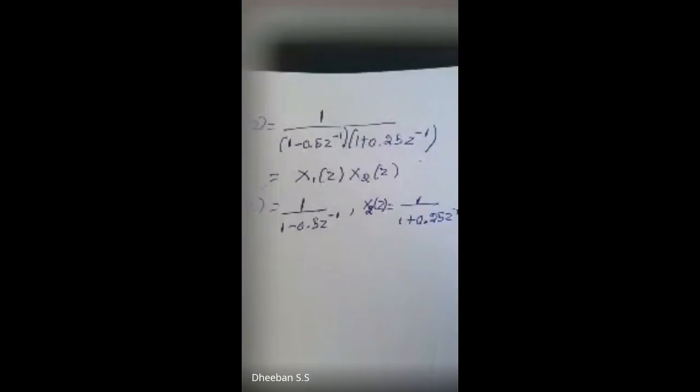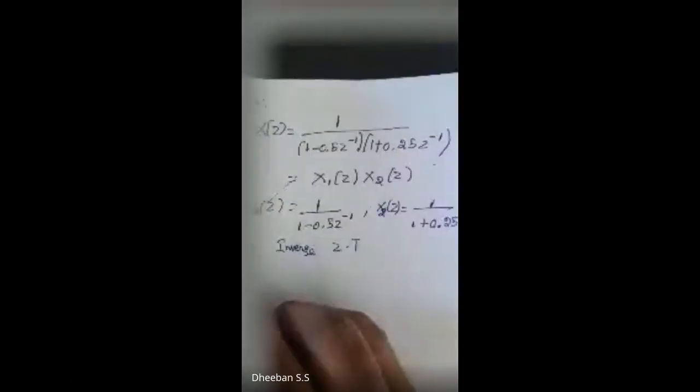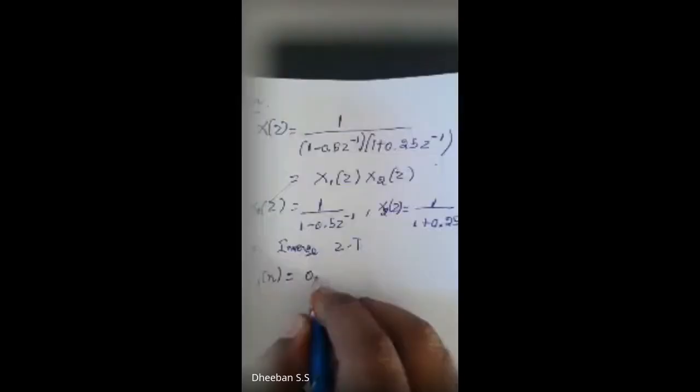Now you have to take the inverse. So you will be getting x1 of n is equal to 0.5 the whole power n into u of n.